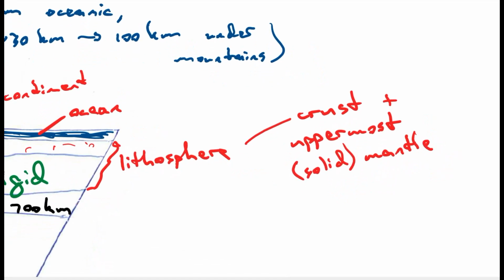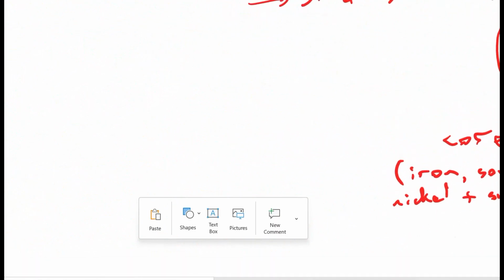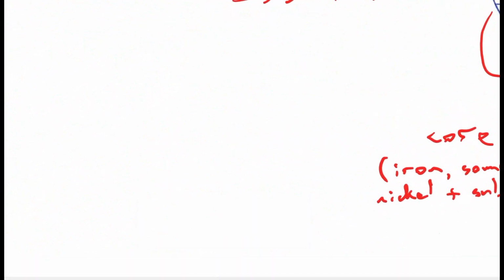Now, shall we learn some Greek? Yes, let's do that. Let's learn some Greek. I'll just throw this down the bottom somewhere. Lithosphere, because lithos is Greek for stone. So remember, this is the hard, the solid, the rigid part of the mantle, right? So this term lithos is Greek for stone.